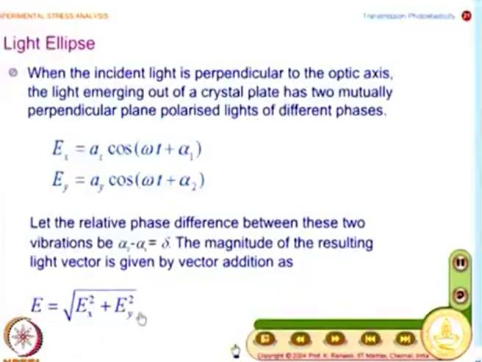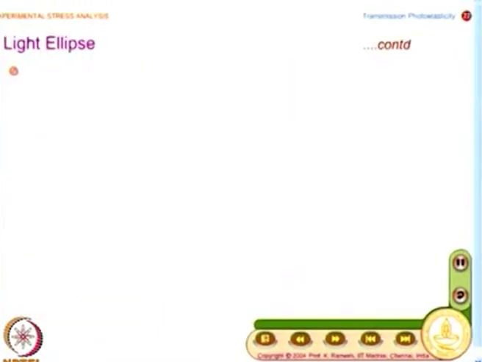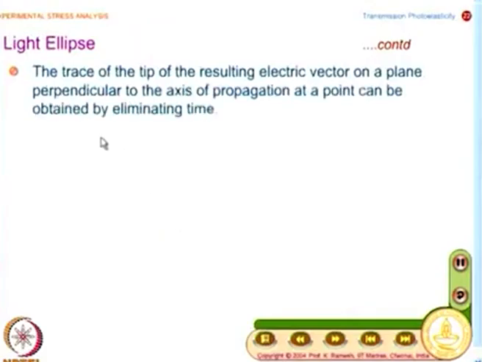Now, my interest is what would be the trace of this light that comes out of the crystal plate. For me to do that, I have to eliminate time. What I want is the trace of the tip of the resulting electric vector on a plane perpendicular to the axis of propagation. This is my interest, and this can be obtained by eliminating time.